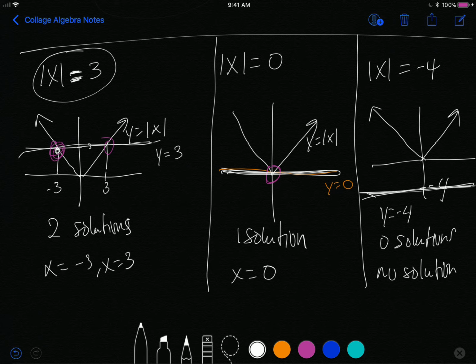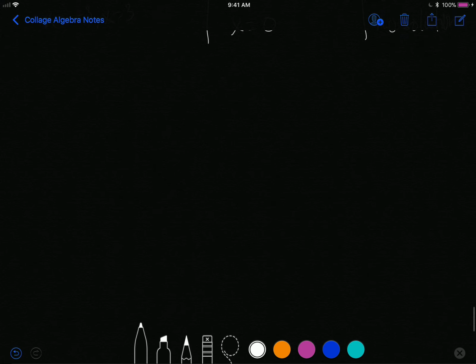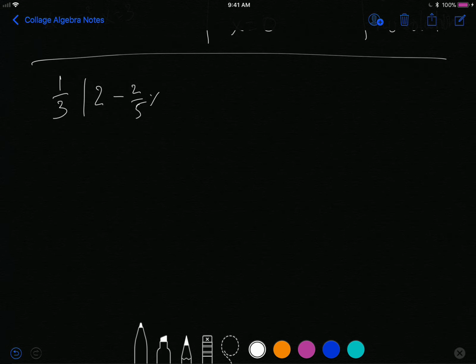Let's look at one more example before we hit the road. Let's say I have 1/3 of |2 minus 2/5 x| plus 5 is equal to 7, and I am trying to solve this equation right here.